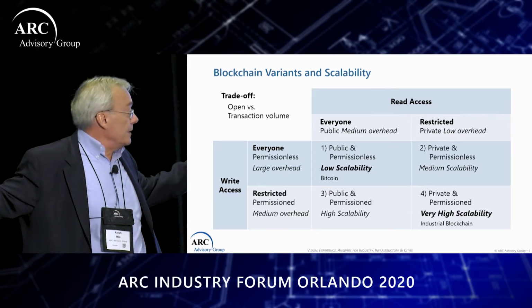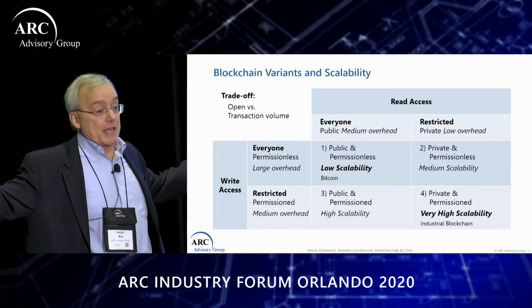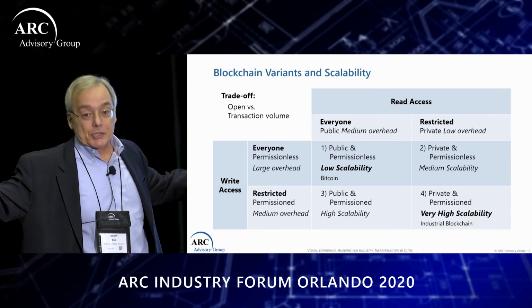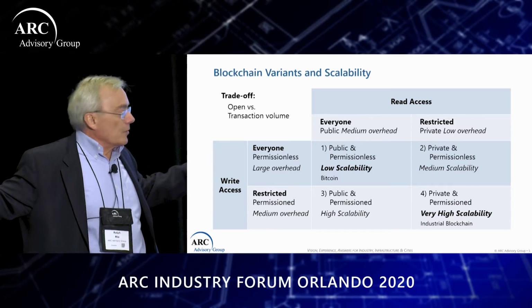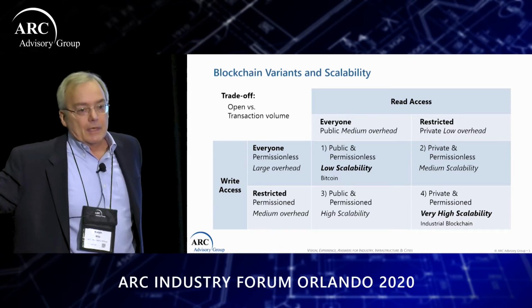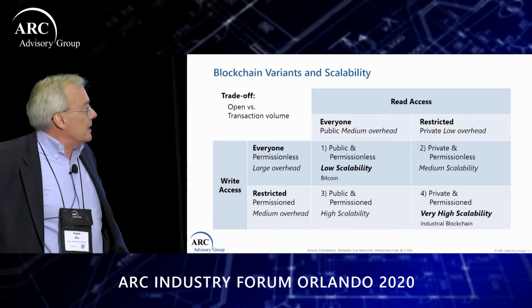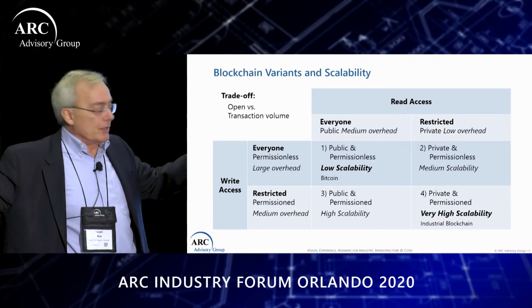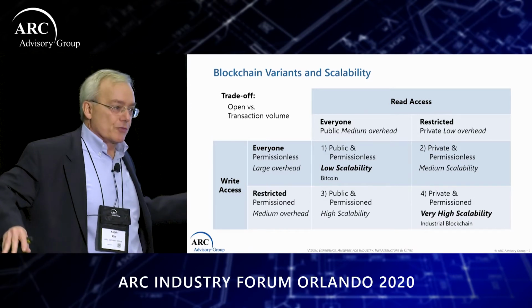So obviously, the 10 transaction per second limit of Bitcoin is not going to cut it for that kind of blockchain. The 36 consortiums that I looked at all use a private and permissioned version.